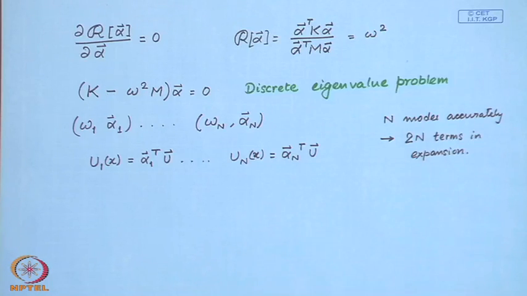I mean, this is a rough way of estimating how many terms you must have in the expansion, and this may or may not work always, but this is a good way to start. So, if you want n modes reasonably accurately, then you must have double the number of terms in your expansion.